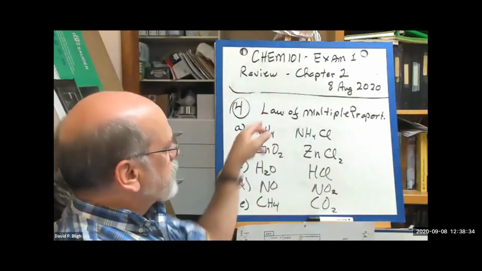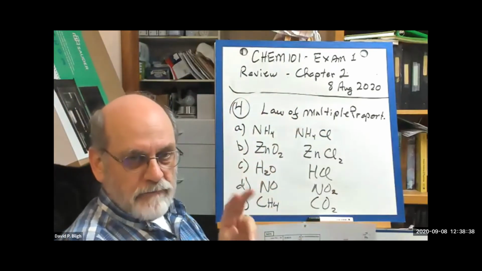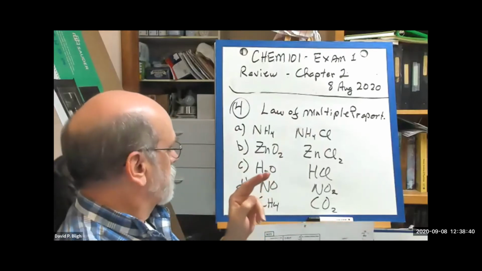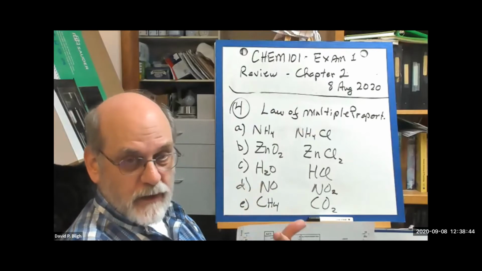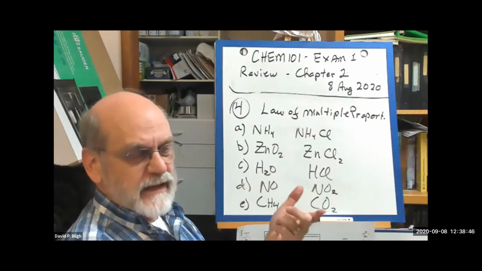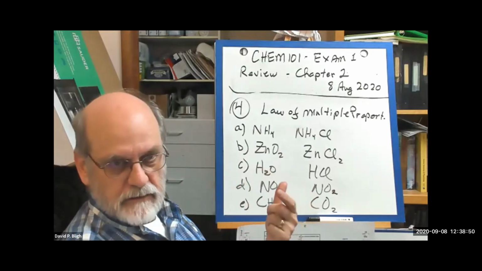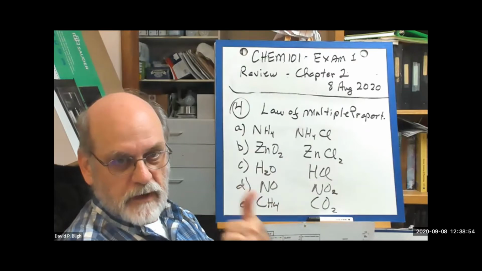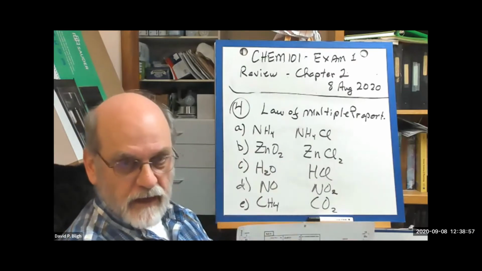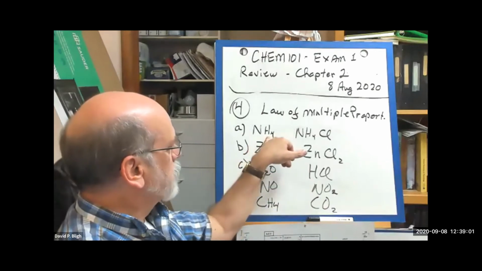So in order to satisfy the conditions of this law, you have to have a binary compound. In other words, you can only have two elements, or I guess technically you could have a polyatomic as one of your components and an element as another one. So you could have ammonium.